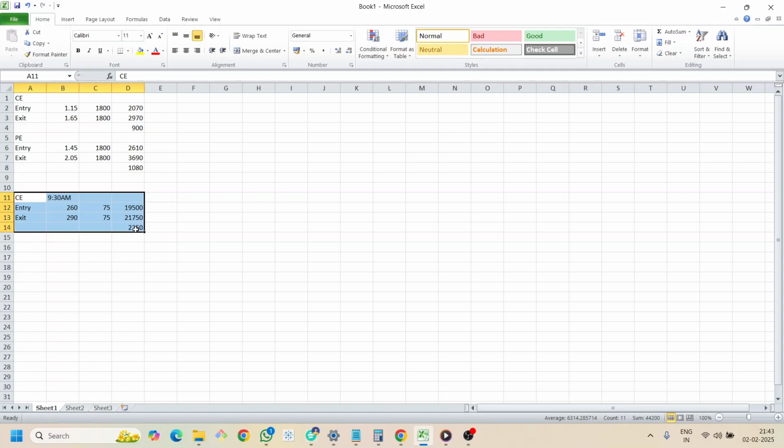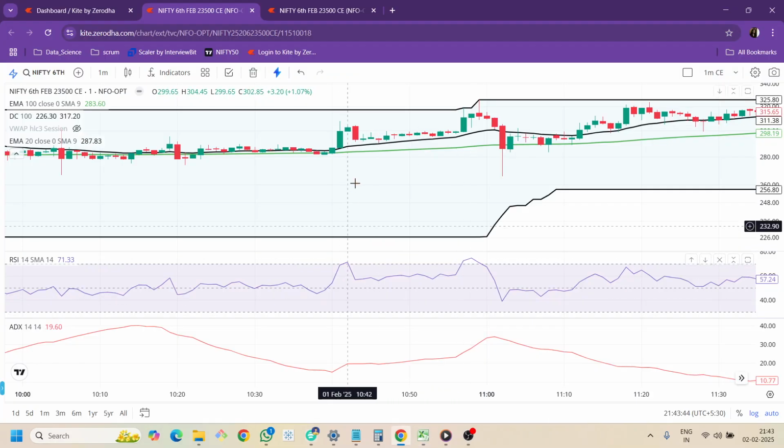You might have taken it here at 287 rupees. Let me do that. See, what is the time you have taken? I might have taken it here at 287 rupees.